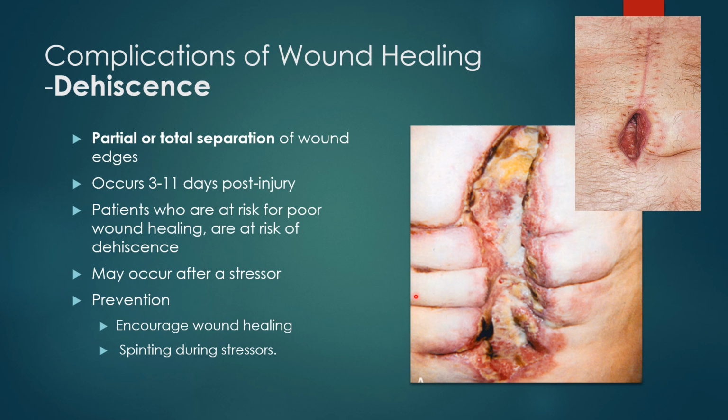So how do we prevent dehiscence from occurring? By encouraging wound healing, encouraging all those aspects to promote appropriate wound healing. Then splinting during a stressor, so using that pillow or the abdominal binder if the wound is on the abdomen when the patient coughs or sits up, just to apply and support that pressure.